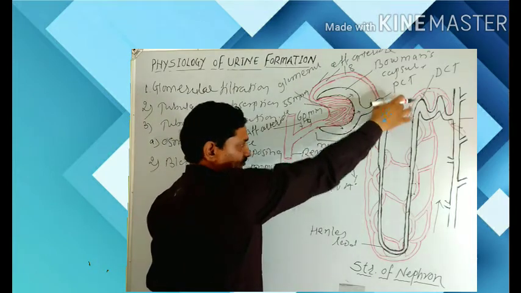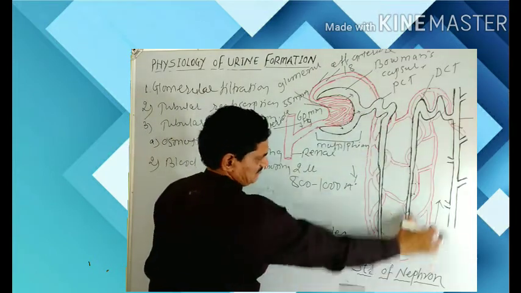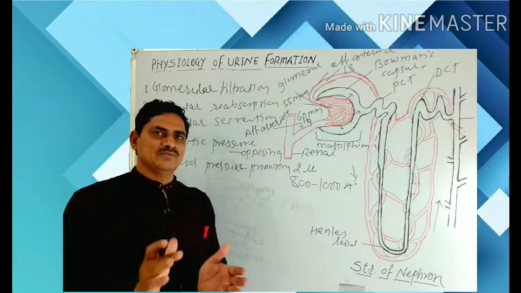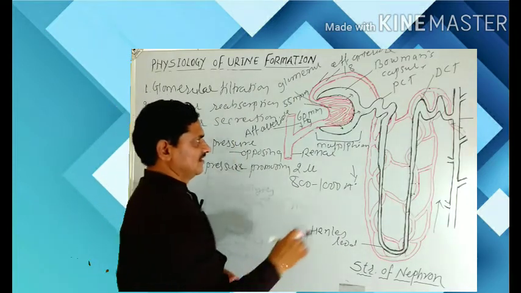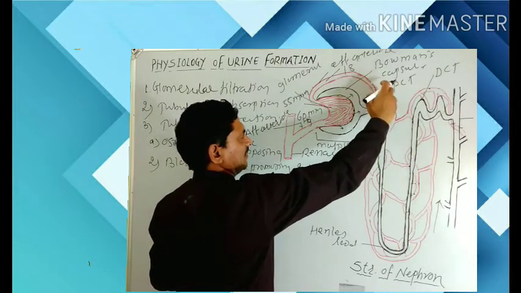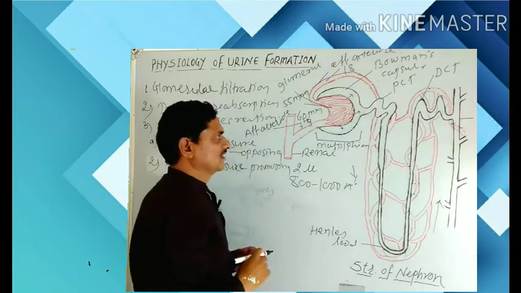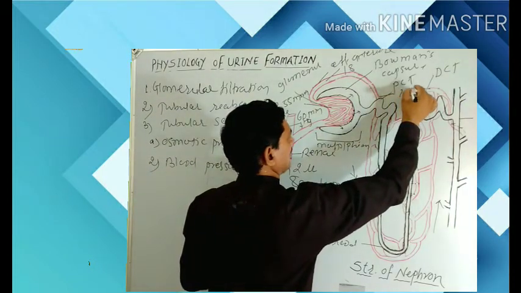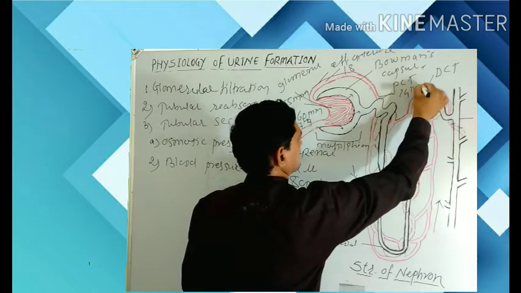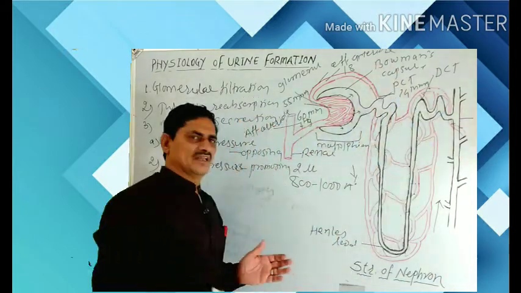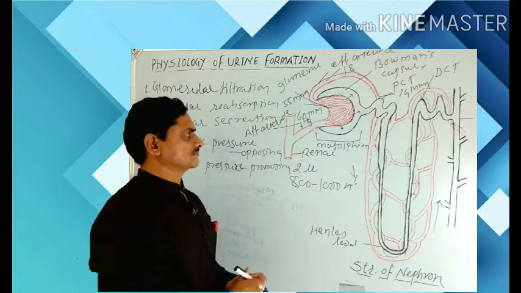In the peritubular capillaries, the blood pressure is reduced again. In the blood capillaries present in the region of the proximal convoluted tubule, the pressure is again reduced and it is 14 mmHg. And in the collecting tubule it is again less.